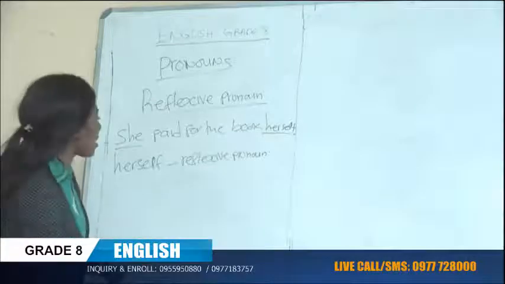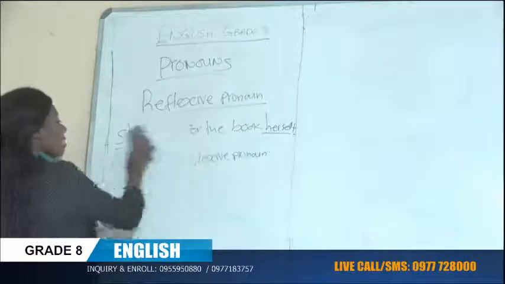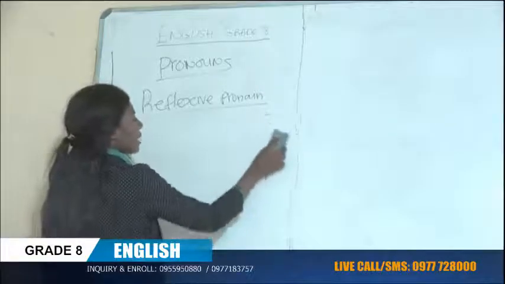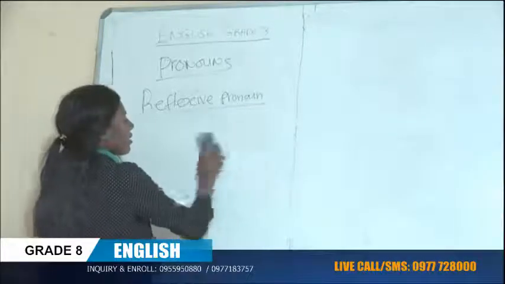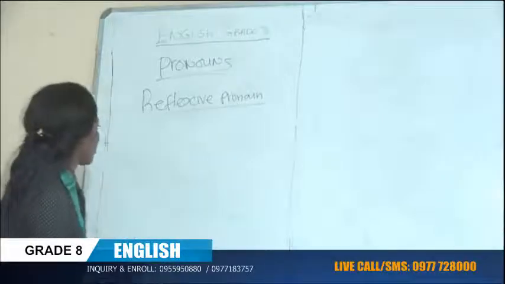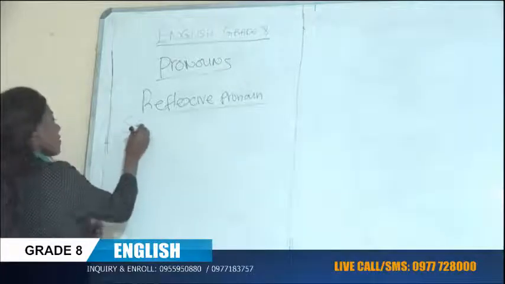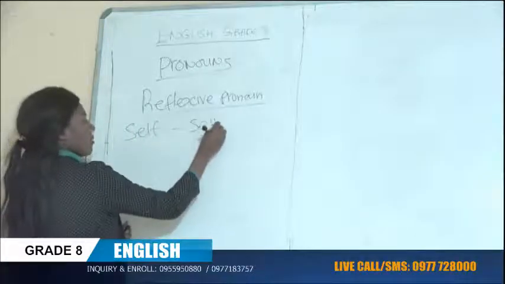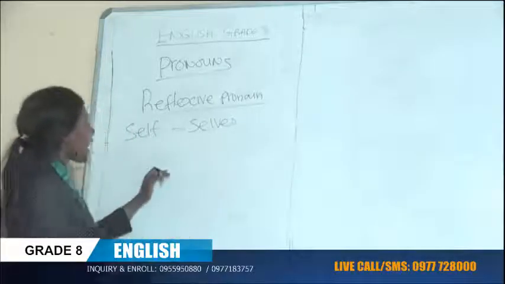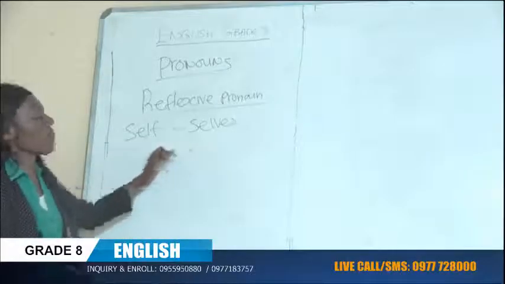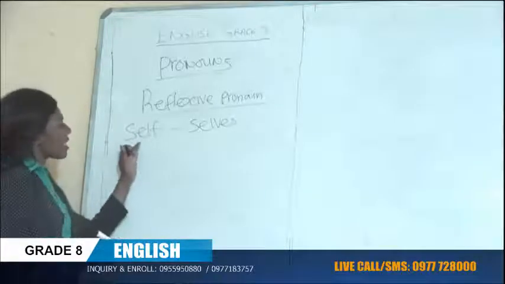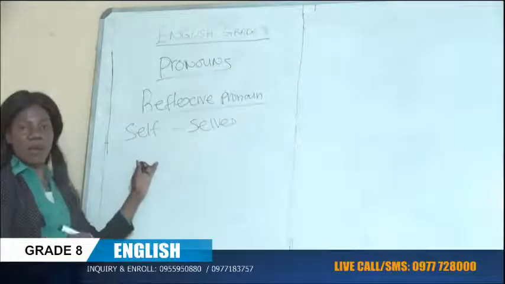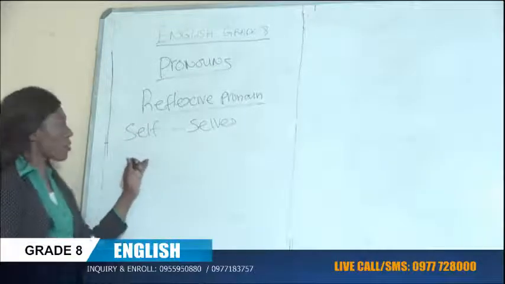Okay, so to form a reflexive pronoun, you simply add self or selves to a pronoun. Then when you add this self or selves to a pronoun, the word that you come up with is known as a reflexive pronoun.